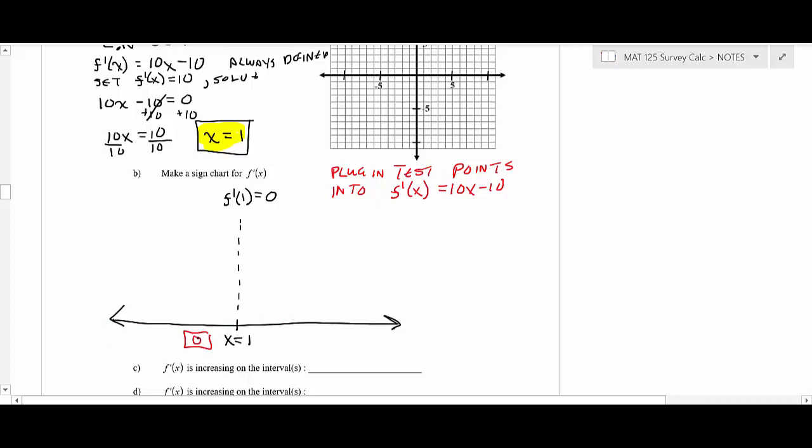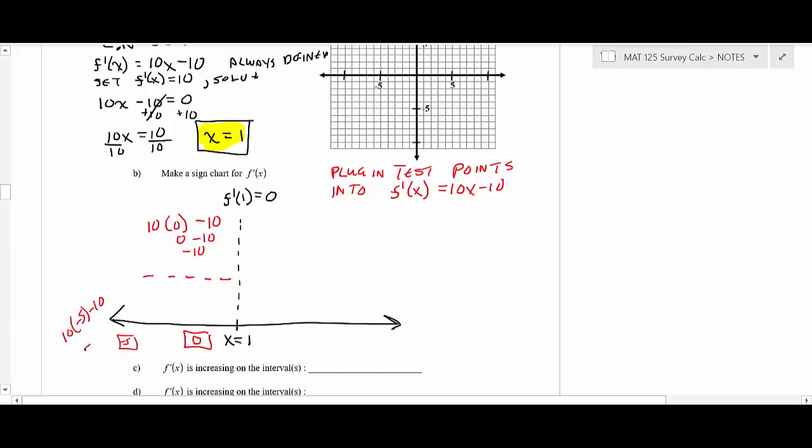So let's pick 0 and plug that into the derivative. You would have 10 times 0 minus 10, and that is negative 10. So it's a negative result. You don't have to get the value of that derivative, you just have to establish it's negative. It doesn't matter what the test point is. Notice if I picked, say, negative 5, 10 times negative 5 minus 10 is still negative.